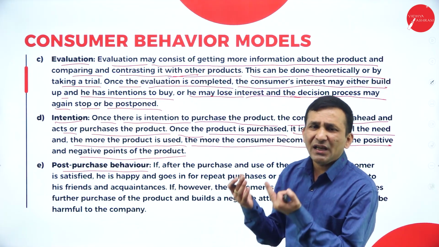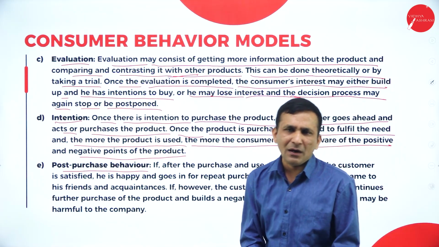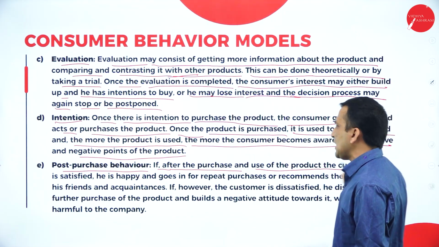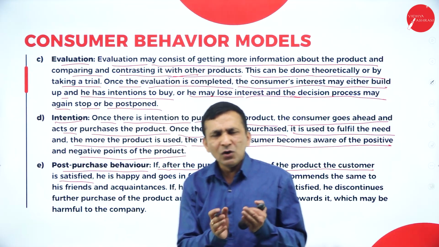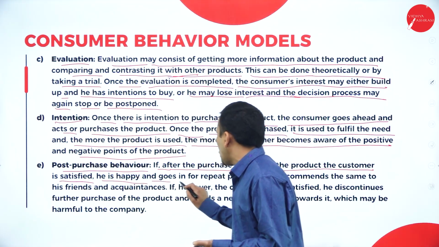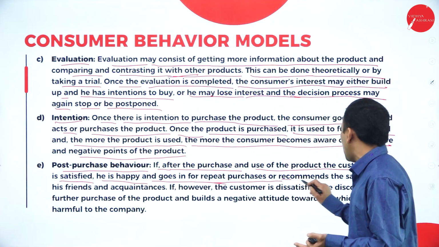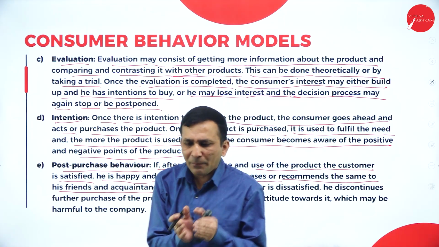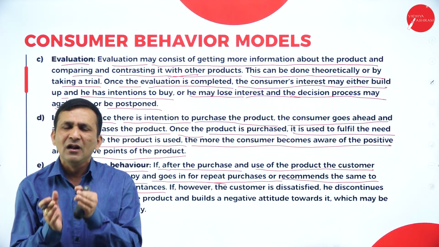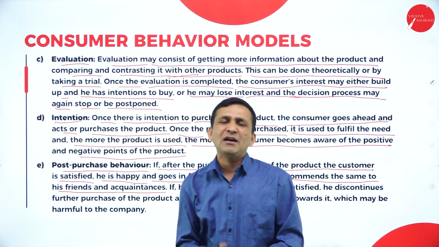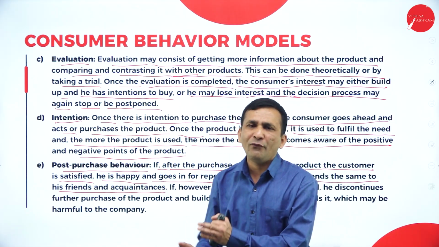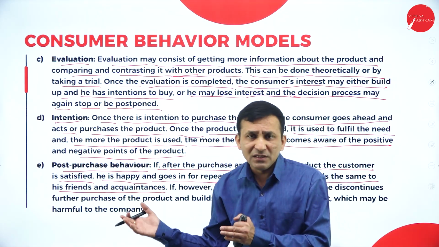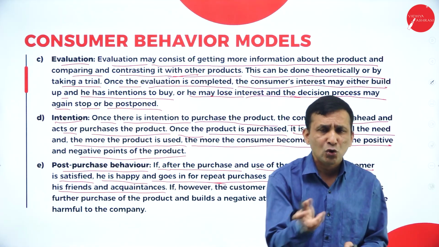Okay, so based on the assured benefit whatever the company has offered. After purchase and use of the product, if the customer is satisfied, then no problem. He is happy and goes for repeated purchases and recommends it to his friends and acquaintances. Because of the product and the satisfaction level, if consumers are satisfied with this product, of course they can go for the next purchase, or they can refer other consumers, other sets of people, those who are involved in this social class.